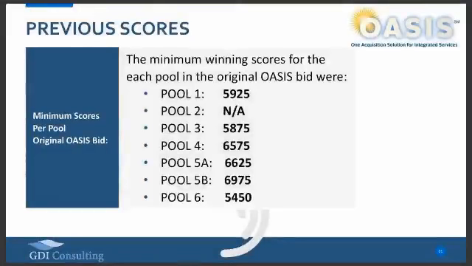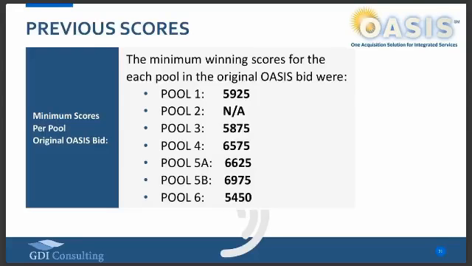Okay, let's look at the previous scores. These are the previous scores for OASIS in 2013 when it was bid initially. This just gives you an idea about the numbers, but you should not consider this as very substantial because, as I said, originally when they issued this RFP, partnering was not allowed.